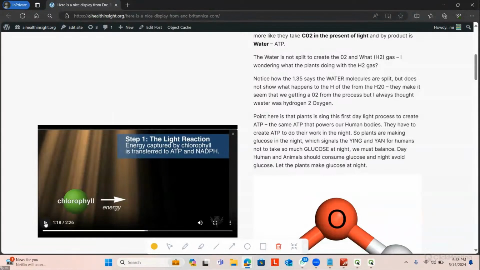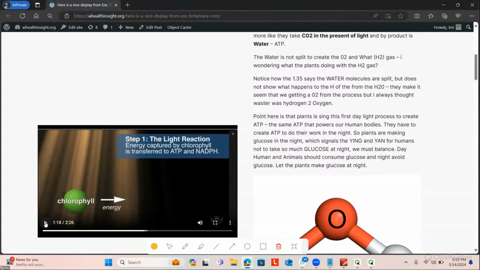Look at it on the screen. So that is the blood of a plant, called chlorophyll. And human beings have red blood. Read what you see on screen.